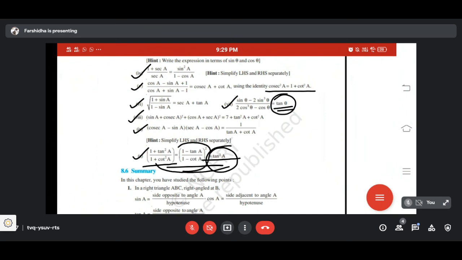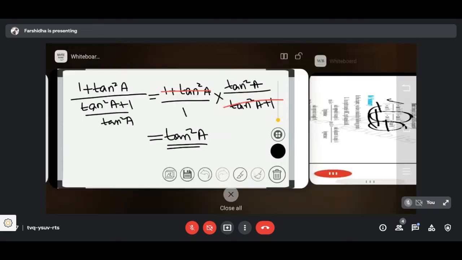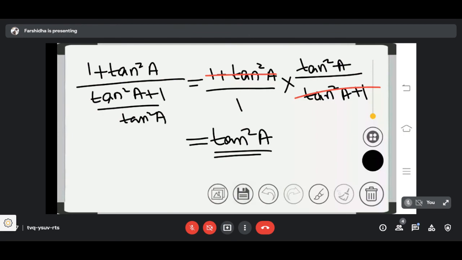See the middle one, (1 minus tan A by 1 minus cot A) whole square equal to tan square A. So now we prove the first one. Now come to the second term, that is (1 minus tan A by 1 minus cot A) whole square.